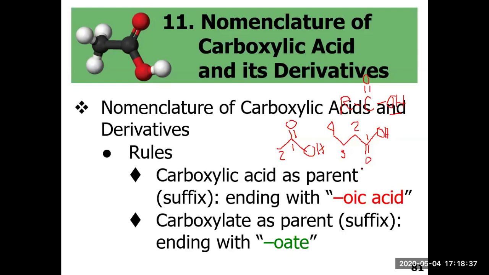So we have a 4-carbon carboxylic acid, known as butanoic acid. Now, if the carboxylic acid is ionized, meaning this one is an O negative, then that becomes a carboxylate, and we just replace the oic acid with oate.